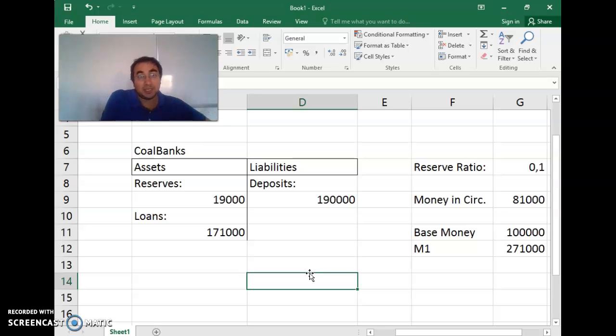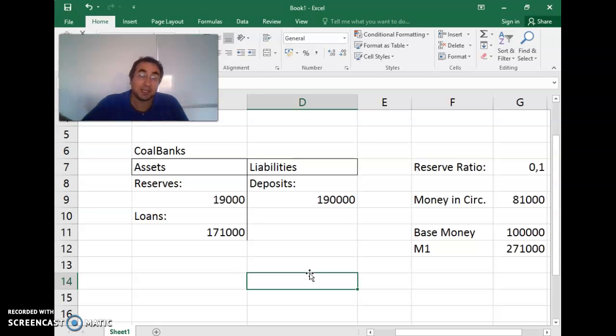But out of this $90,000, they will keep only an amount equal to 10% of the deposits. Now the deposits are $190,000, so 10% is not $10,000 anymore, but $19,000. So they will lend an additional $81,000.